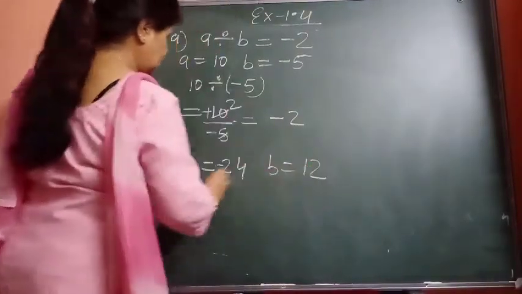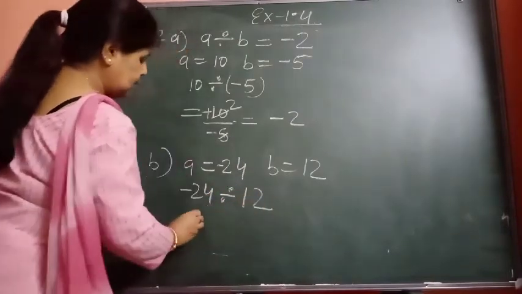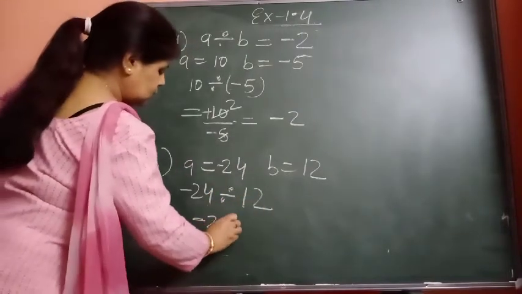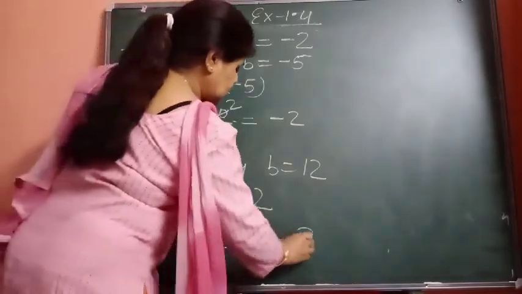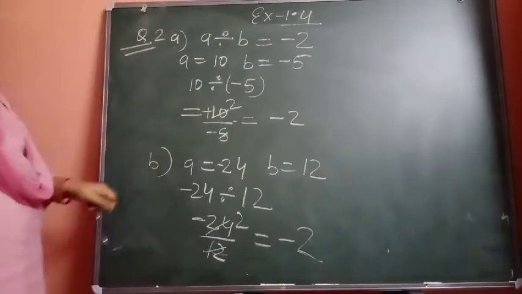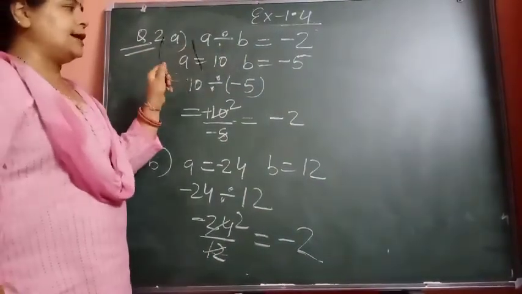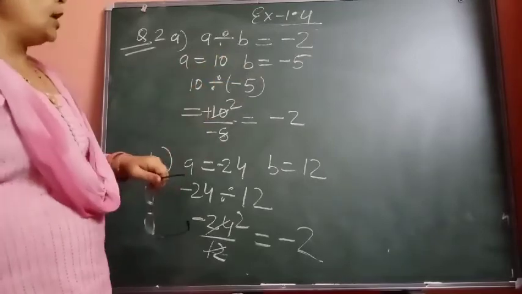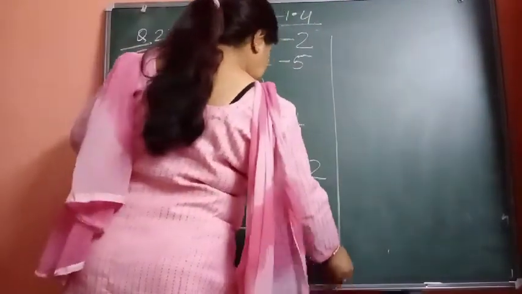So minus 24 divided by 12. What will come? Minus 24 upon 12. 12 2s are 24. What will come? Minus 2. So in this way you can take different values and you will get minus 2 as your answer. As I have performed, the rest of the parts you do yourself.